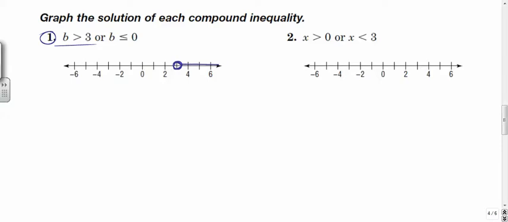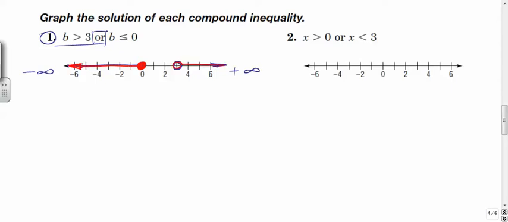Greater than that goes all the way to the positive infinity direction. That's negative infinity. b less than 0, less than or equal to 0. Okay, it has to be full dot, goes all the way to the negative infinity. Okay, because you have a disjunction, either one will be fine. Your solution set will be the union of these two intervals.